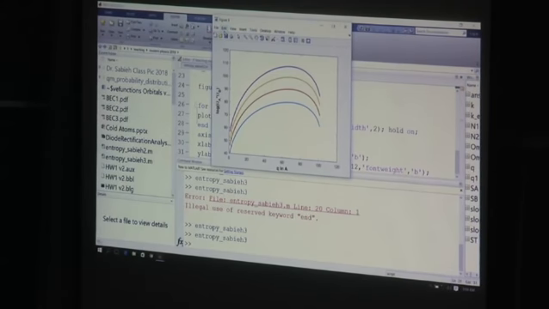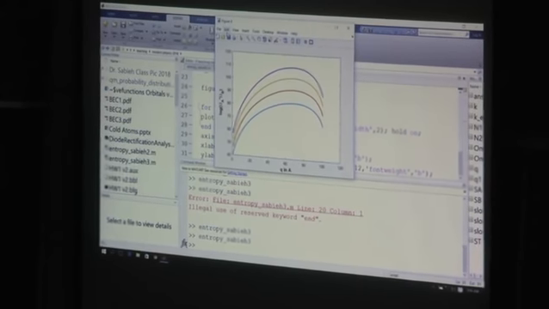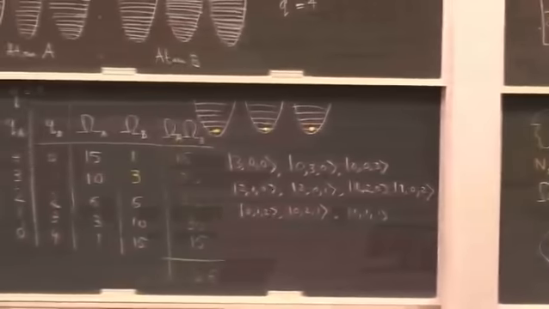So now if you go back to the blackboard, how do we state the second law of thermodynamics?